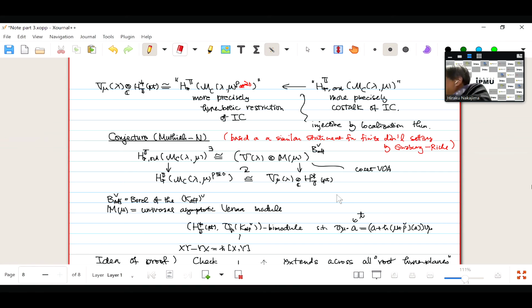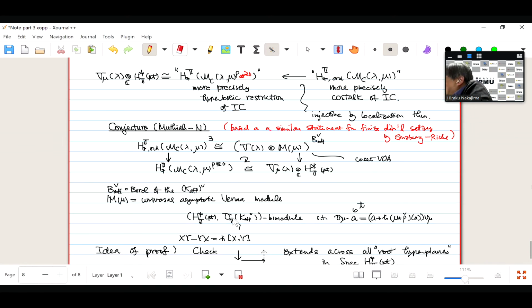So what is the universal asymptotic Verma module? This is a bimodule of the equivariant module, polynomial ring of equivariant homology of a point, and the asymptotic form of the universal enveloping algebra of the Kac-Moody algebra. So this h bar corresponds to epsilon 1 plus epsilon 2 in the previous notation.